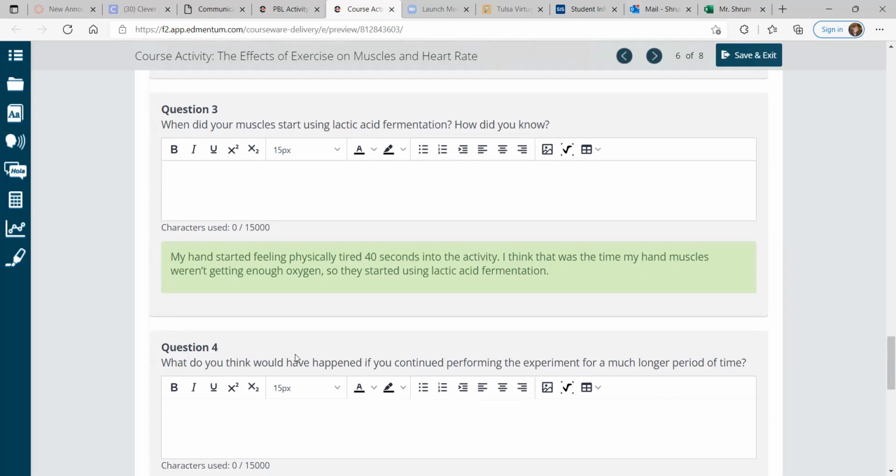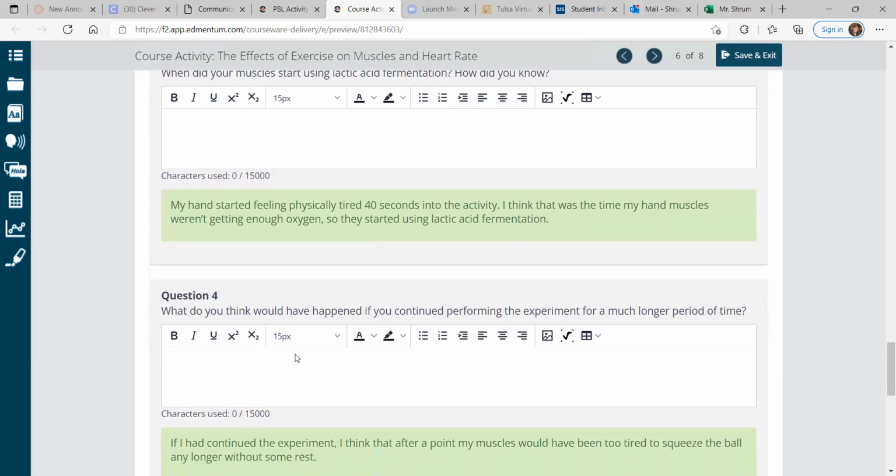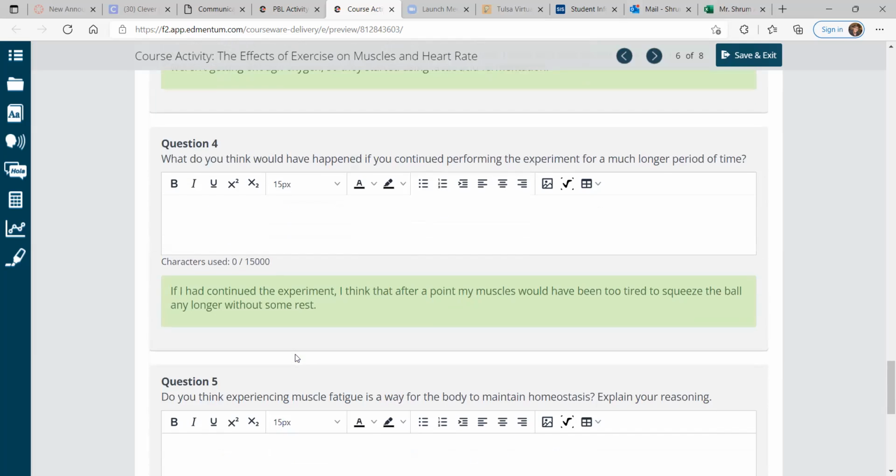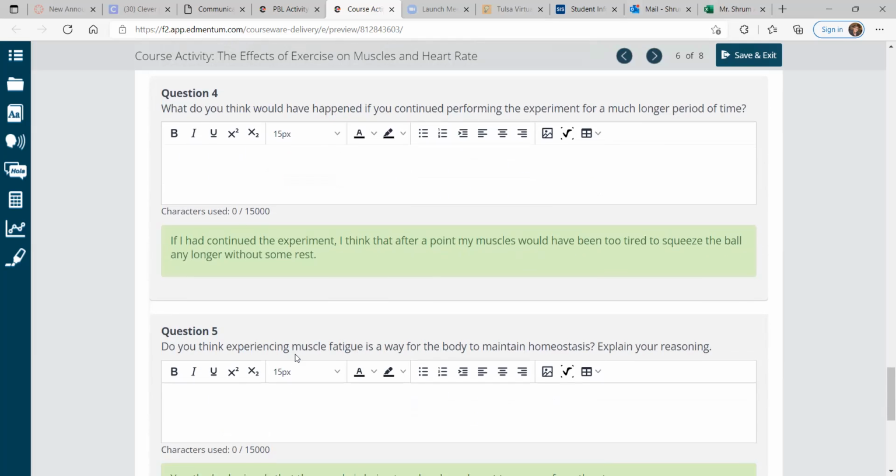Question 3 asks, when did you notice lactic acid fermentation or that burning sensation in your muscle? How did you know? Well, when your muscles are not getting enough oxygen, they start using that lactic acid fermentation. And you can feel it usually.